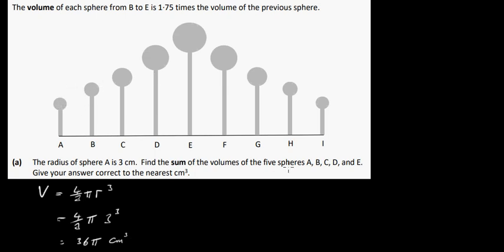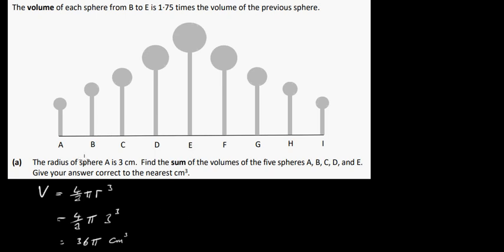So what I'm going to do is, I know that this is a geometric sequence of volumes because we have a term here which is 36 pi, and then we're multiplying that by 1.75 to get the next one, multiplying that volume by 1.75 to get the next one, and so on.